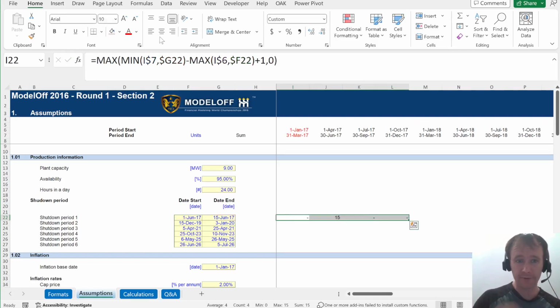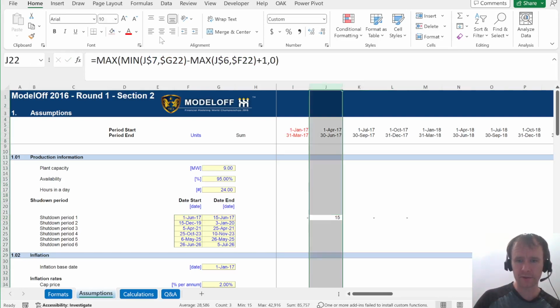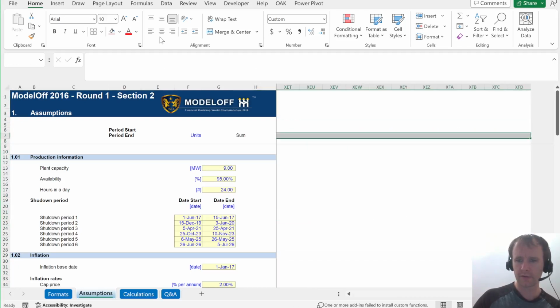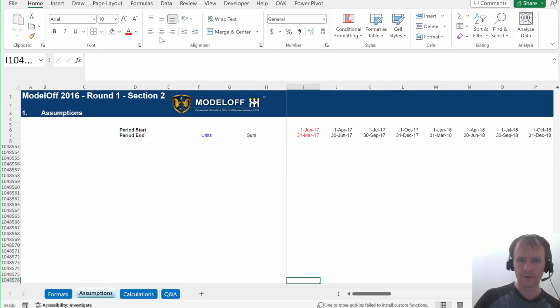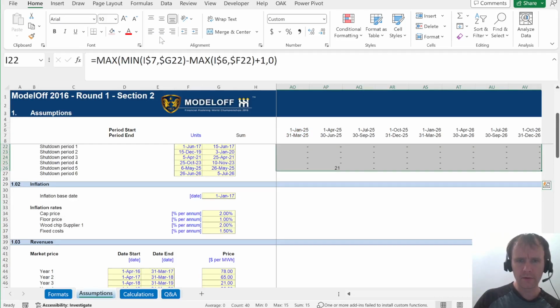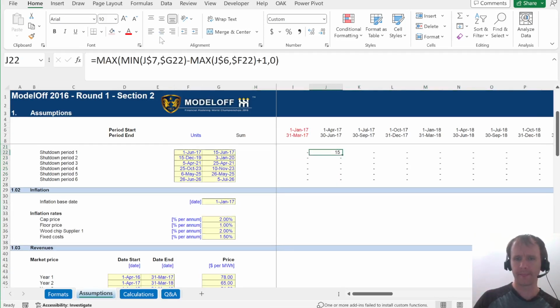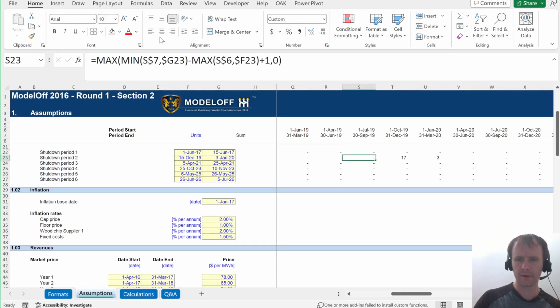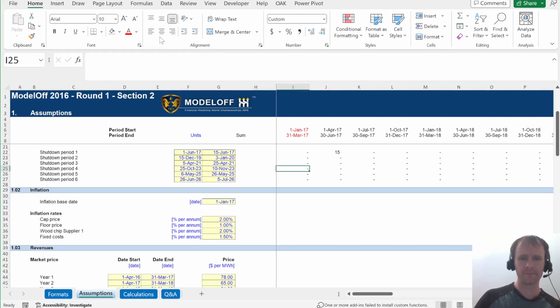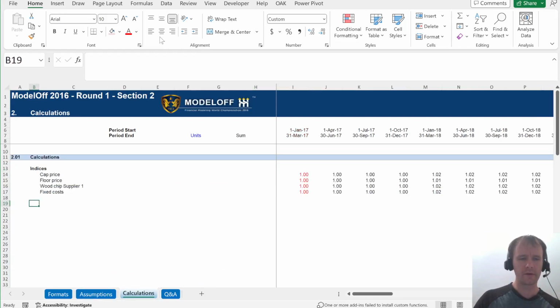So let's see, that first one happens in June 17, which is all in that month, good. And let's do the whole hiding thing here again. Okay, so that one happens in 17, then we're in 2020, all good, then we're in 21. All seems to be working fine. Okay. So then we're going to have production.